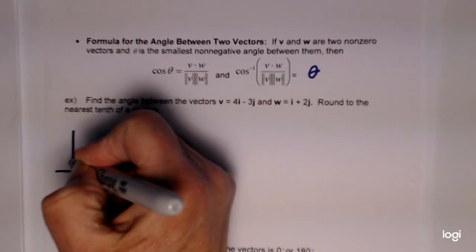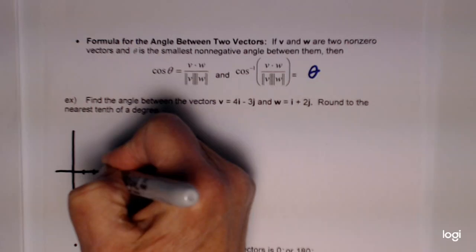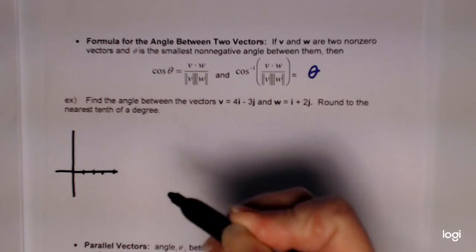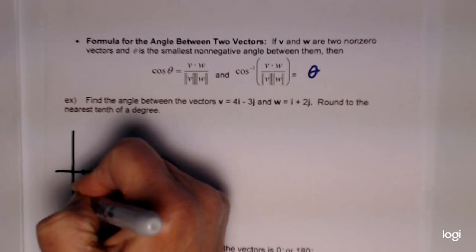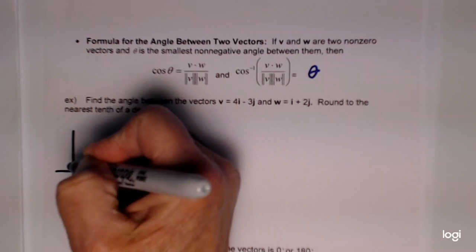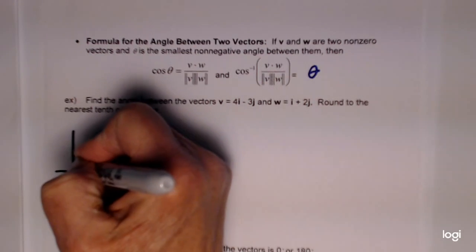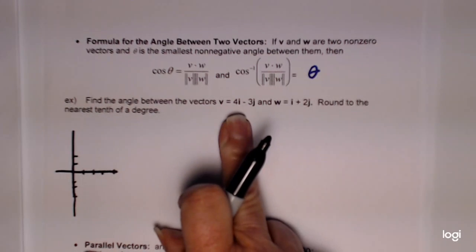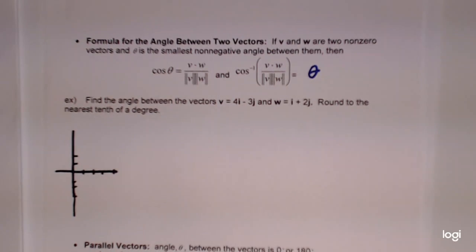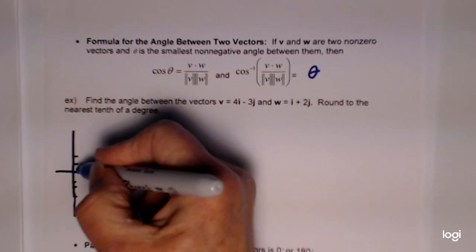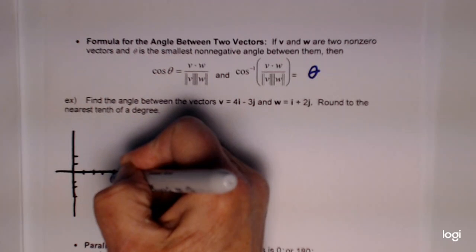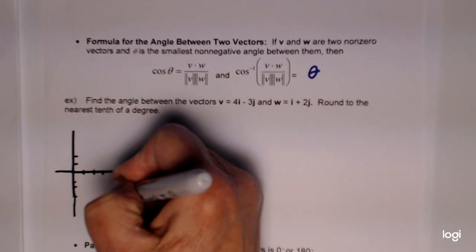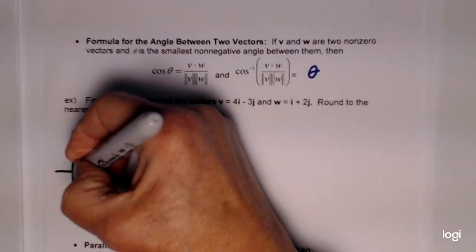So 1, 2, 3, 4. 1, 2, 3, and then here 1, 2. Okay, so vector v, we have 4, -3. So for vector v, 1, 2, 3, 4, and then -3. So we are there.